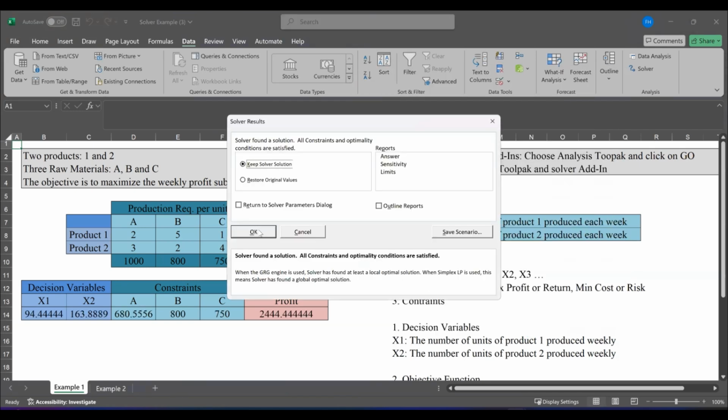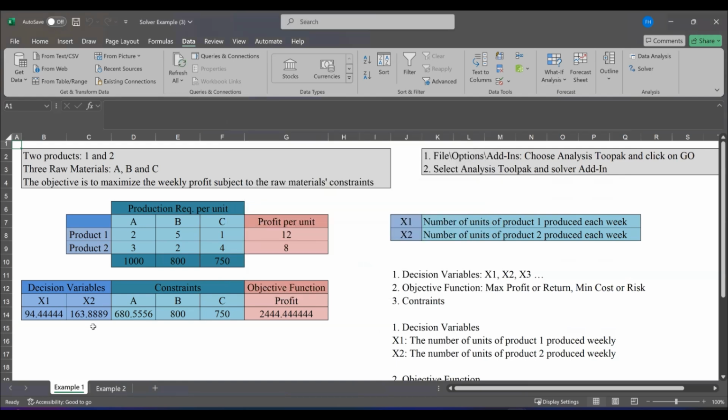I click on OK. Here, as you can see now, Solver has generated a solution into those cells B14 and C14. Mainly, to maximize my weekly profit, I should produce 94.44 units of product X1.